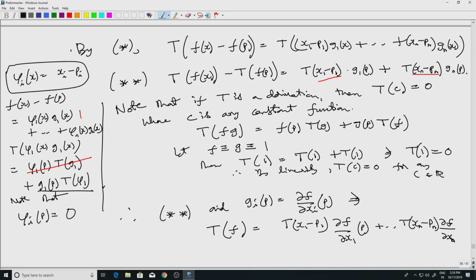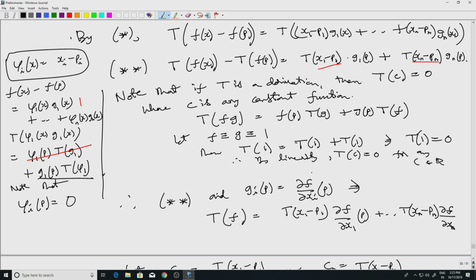So I start with the Leibniz rule in general, and let's take f and g to be the constant function 1. That would imply that T of 1, so here I'll get 1, here I'll get 1, so T of 1 is 2 times T of 1, therefore T of 1 is 0. Of course, if T of the constant function 1 is 0, T of any other constant function is 0 by linearity.